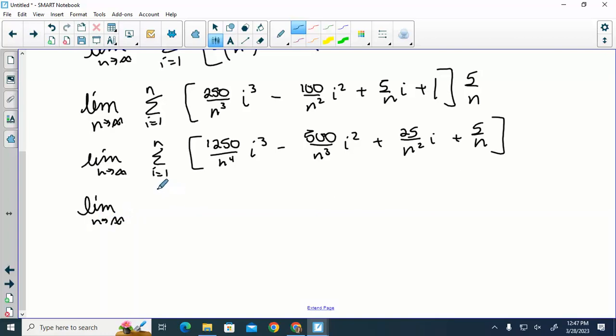Now we can do the summation. All right, what's the i cubed formula? N squared times n plus 1 squared over 4. Okay, what's the i squared formula?